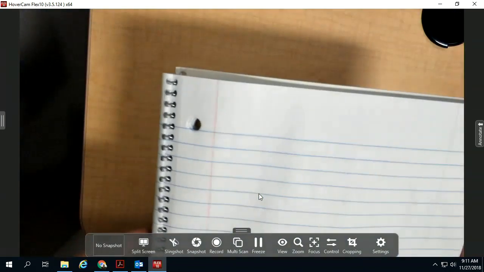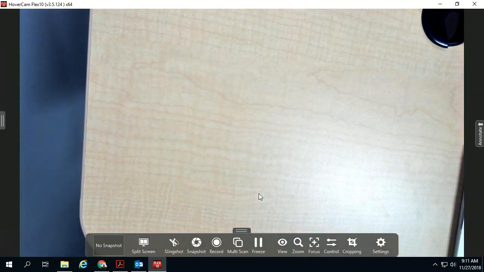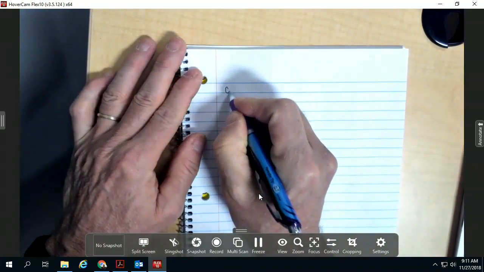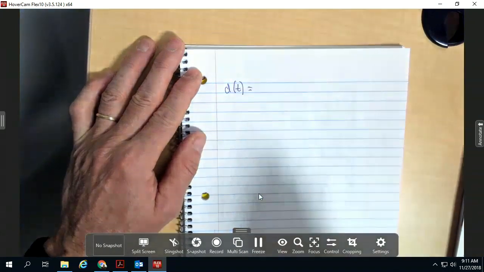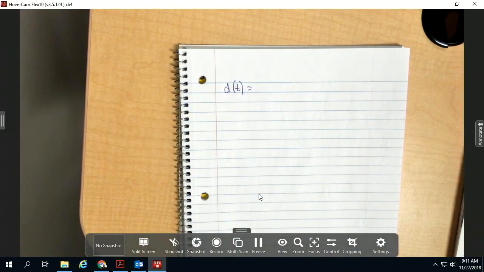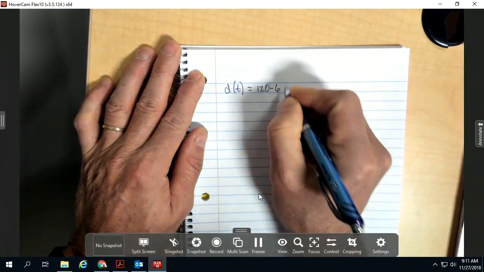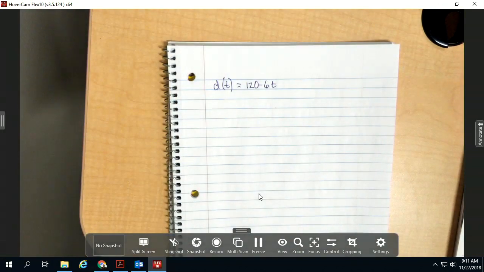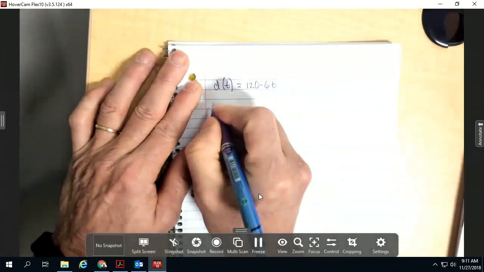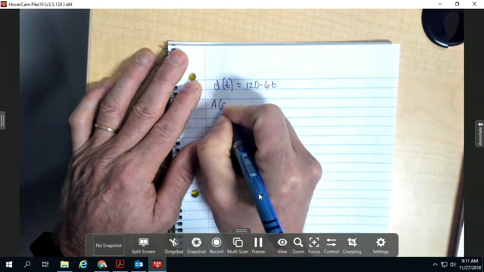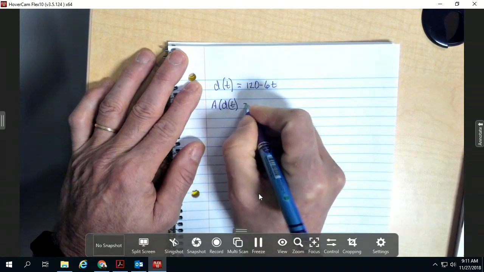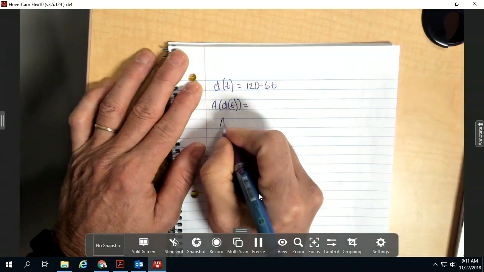We are going to make a composite function. It says, now a train is approaching at a constant speed where distance as a function of time is 120 minus 6t. We want to get a formula A of t. Well, we know what A of d is.